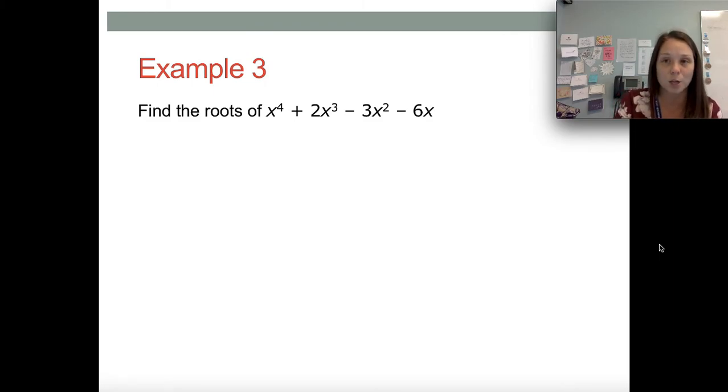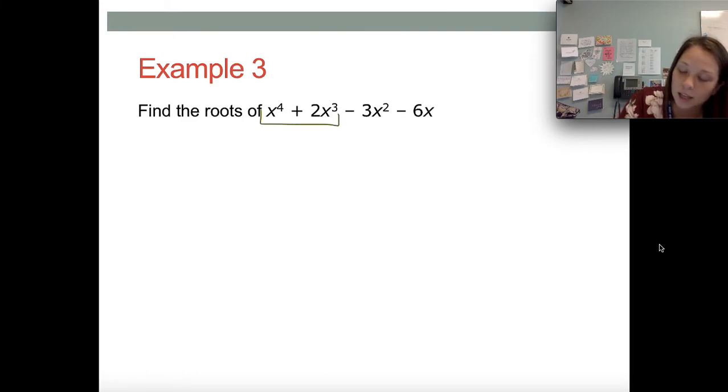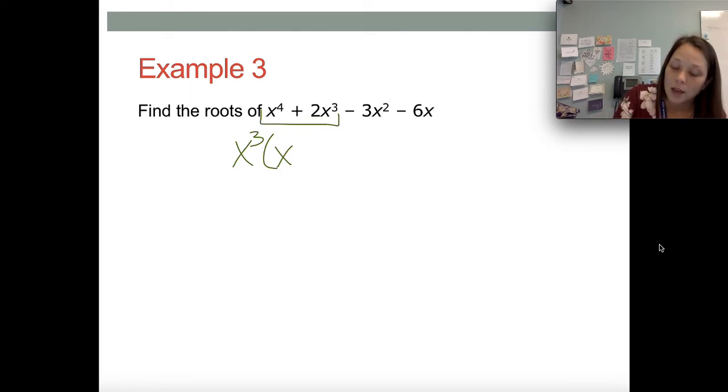So I'm going to use factor by grouping to solve this one. So I'm going to group the first 2 terms together. X to the 4th and 2x cubed have a greatest common factor of x cubed. And then that would leave me with x plus 2.